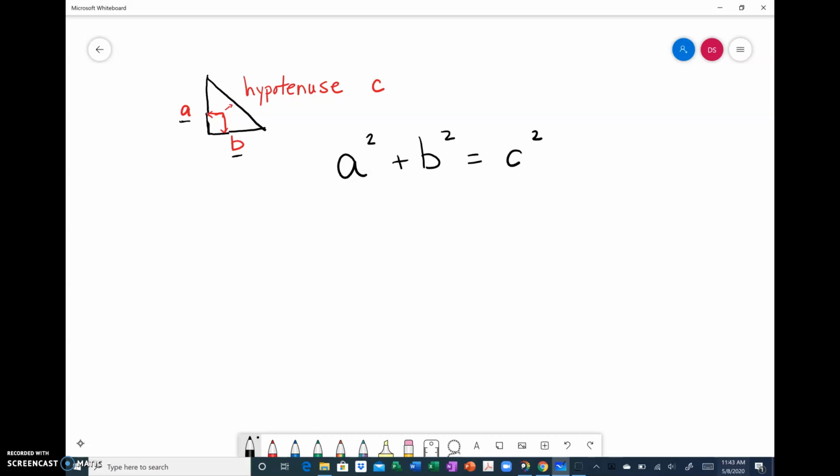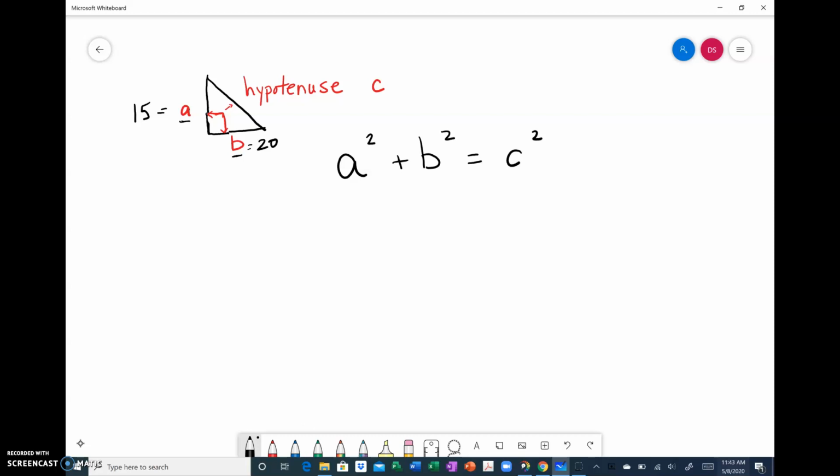So if a is 15 and b is 20, you should know these two squares because you can have your little cheat sheet out where I told you to do all the squares to 25.